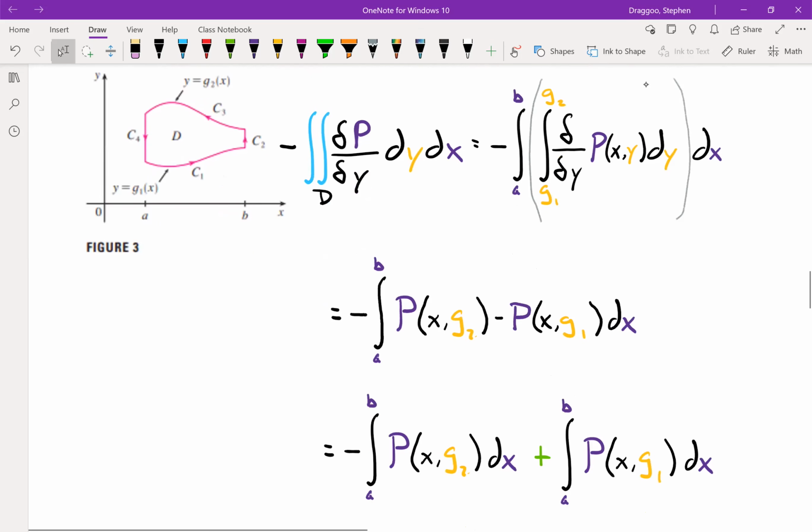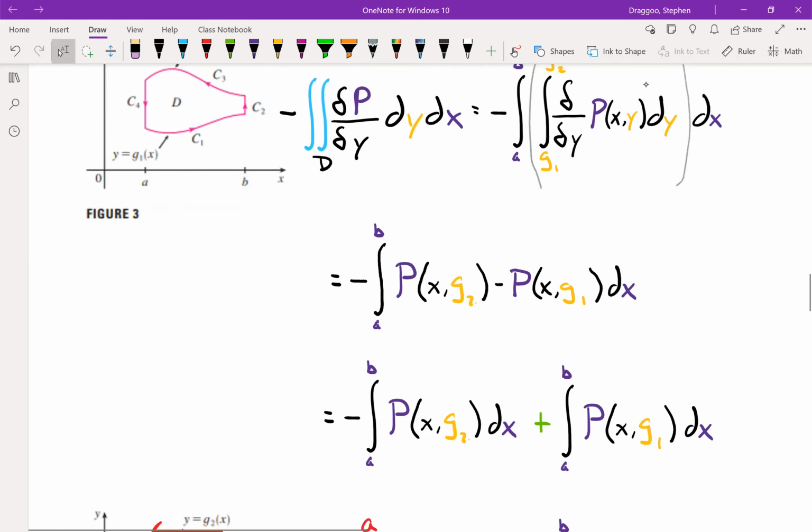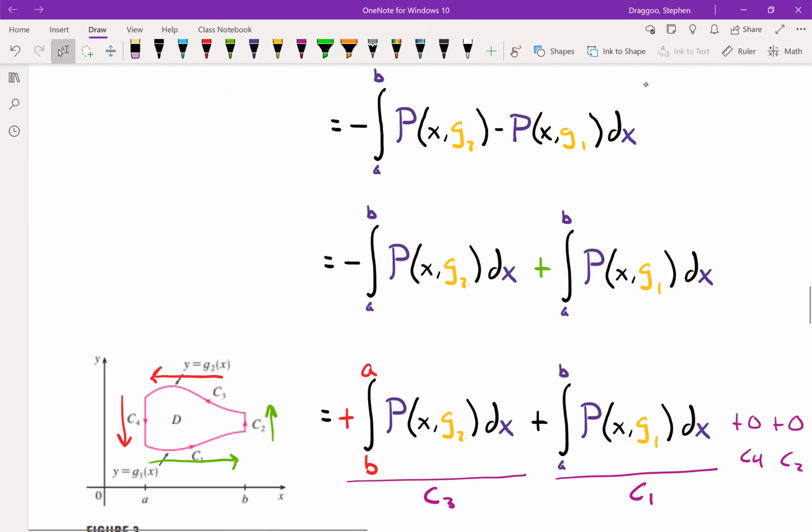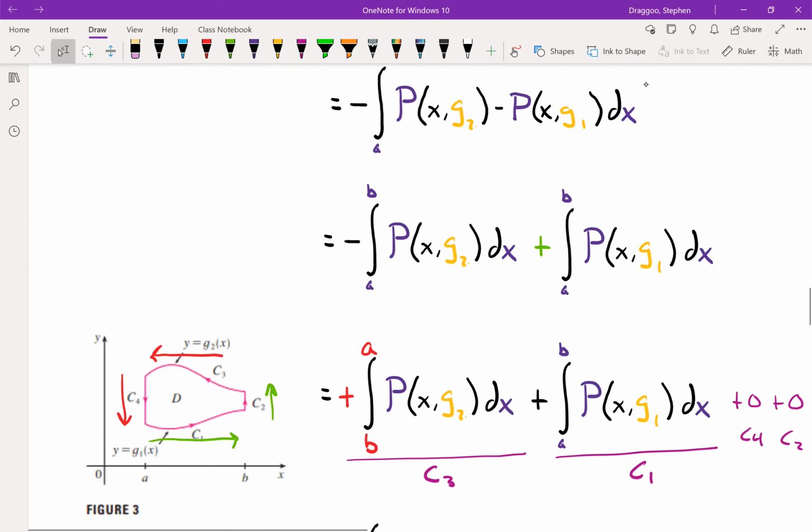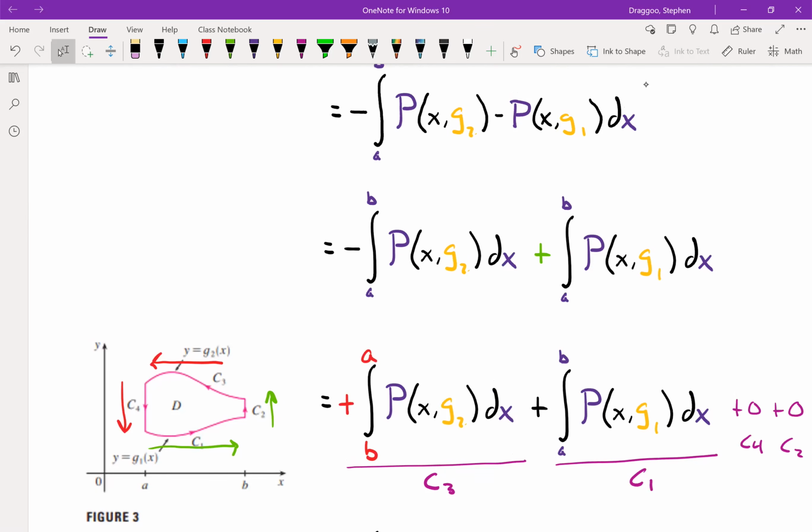Then if we break that piece again into 2 separate integrals, that negative sign will distribute so that along the g1 piece I end up with a positive integral, while the top piece where I've got g2 is still negative. And now we should relate the idea of orientation from those simple closed curves that we looked at a moment ago.